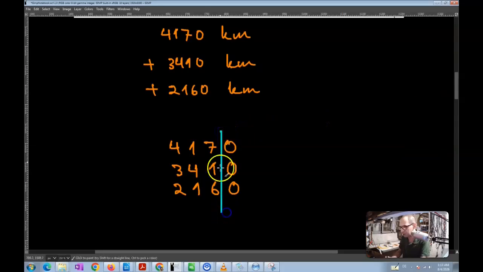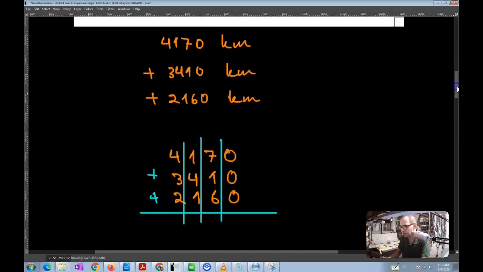I have this column, this column, and this column, and now I can add all of these together. Of course you know that this is the ones place value, this is the tens, this is the hundreds, and this is the thousands place value.